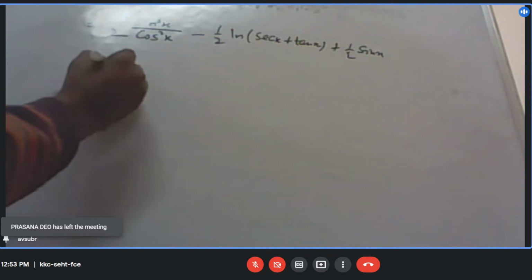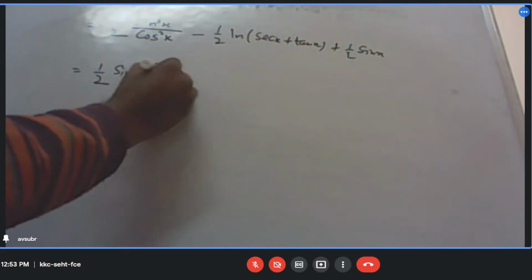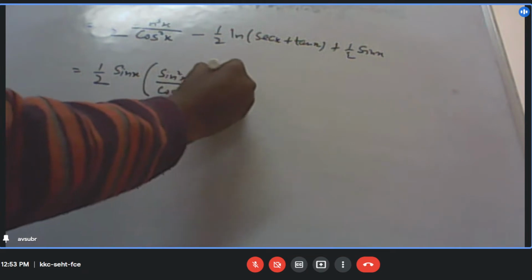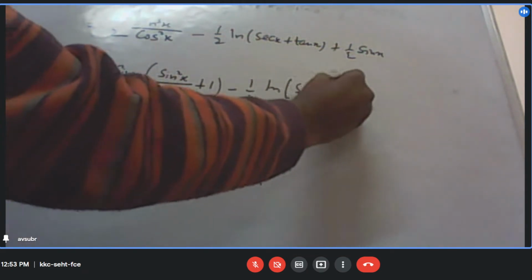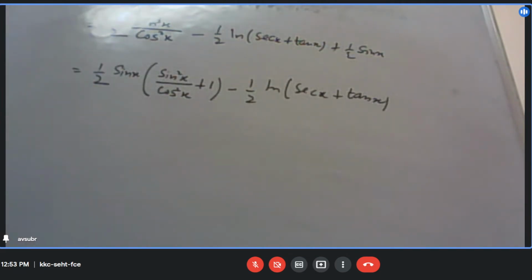So 1 by 2 common, sin x common. So this will be sin square x by cos square x plus 1, minus 1 by 2 log sec x plus tan x. Is it okay?